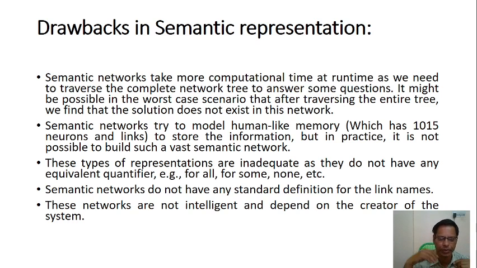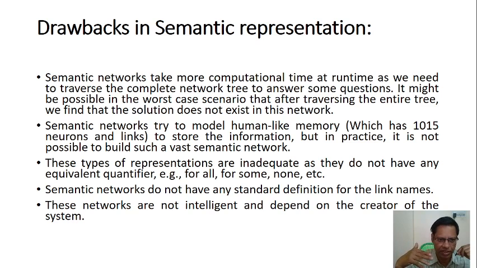Human mentality and understanding are different from the system. The system is based on how we give the instructions, but our mindset is different: by seeing, thinking and observing we can get many thoughts. These types of representations are inadequate as they do not have any equivalent quantifier.